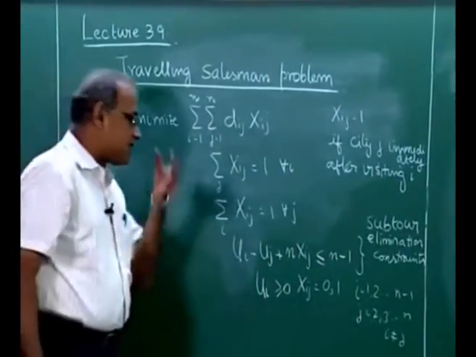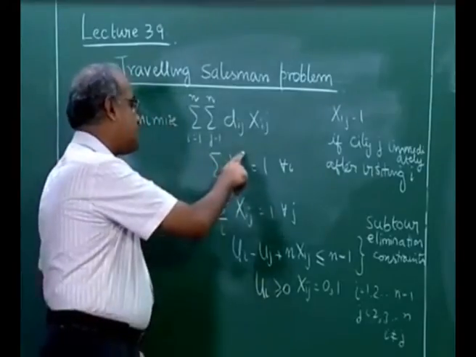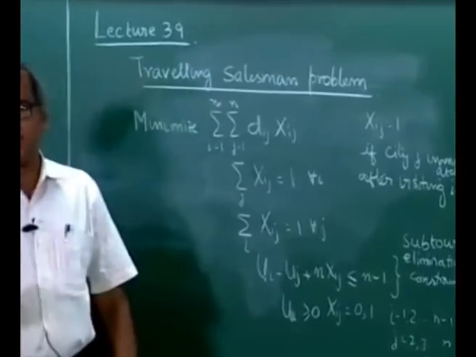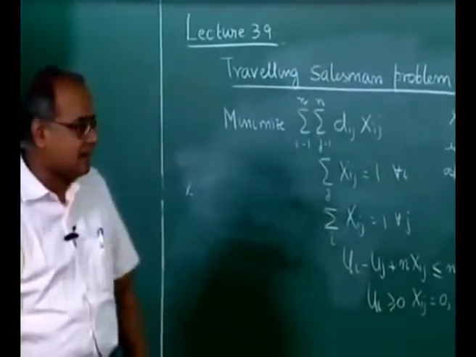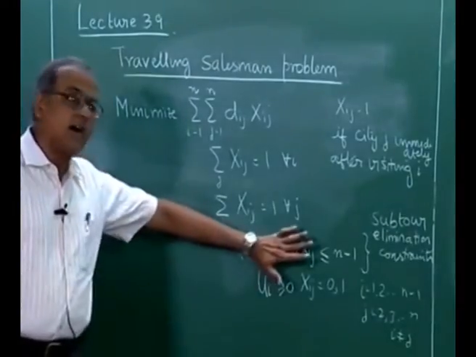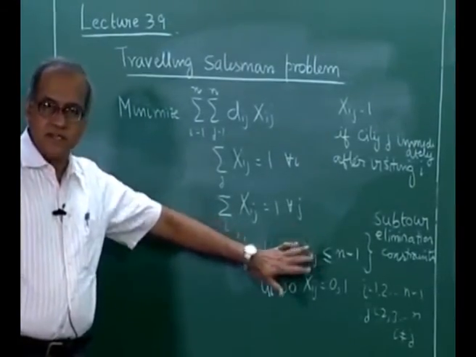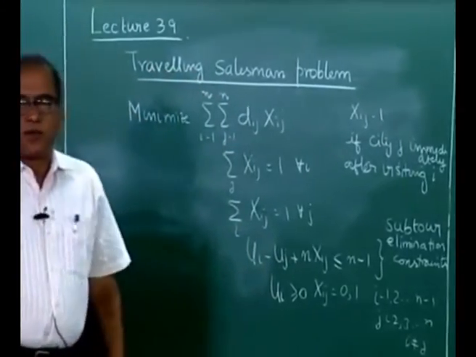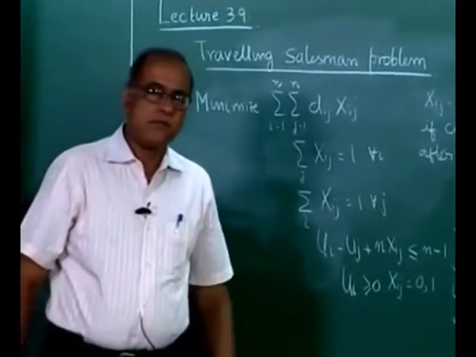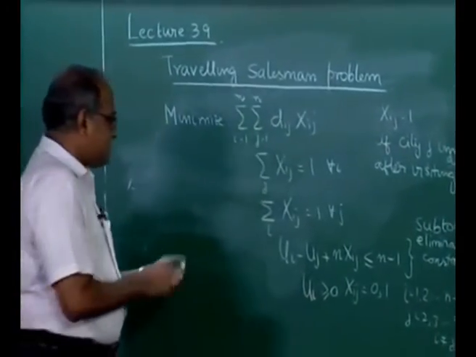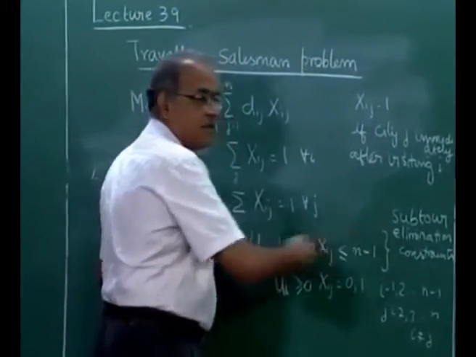And in terms of number of constraints, we will have n constraints here, we will have n constraints here, we will roughly have about nC2 constraints, slightly less than that, maybe nC2 minus n constraints and so on. So, we will have the order of nC2 constraints here. So, this will still become a large problem when the number of cities increases, and this would roughly increase of the order of n square.